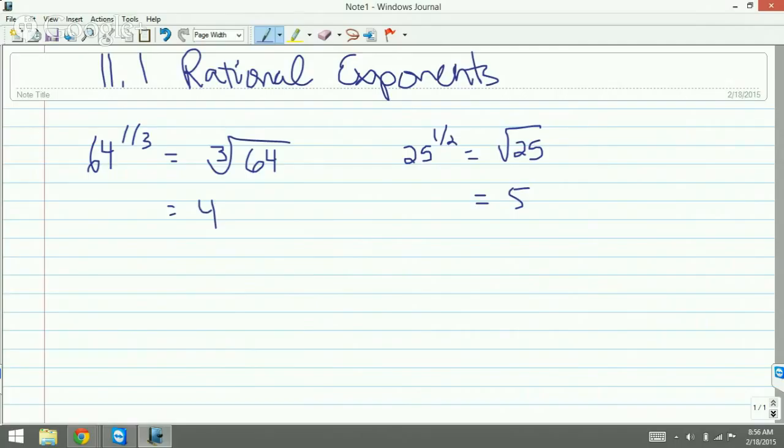But we can also go into something like, let's see. Bad things happen when I try to come up with it on my own. 32 to the 3/5. That's kind of mean. Oh, it is?